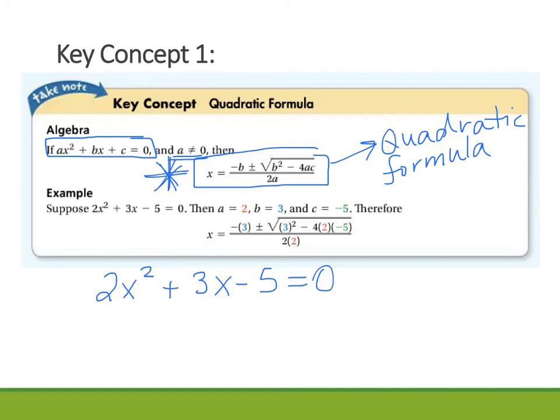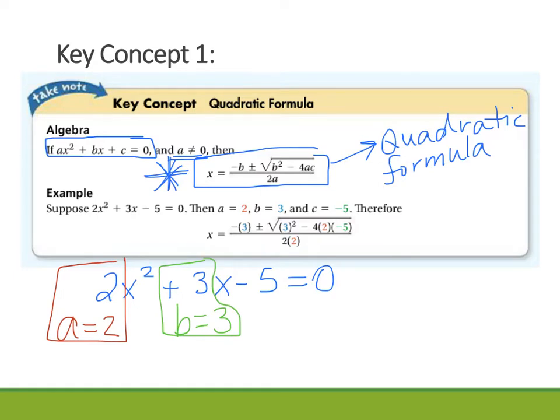Once it's in standard form, you can designate values of a, b, and c. In this particular quadratic equation, a equals 2. It's this number here. B equals 3. It's this number right here. And c is equal to negative 5.